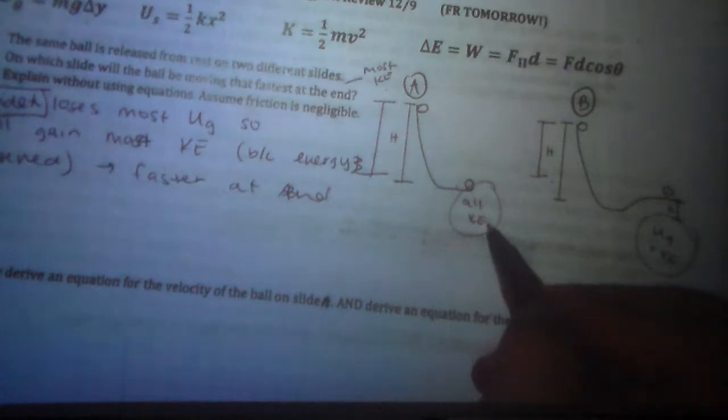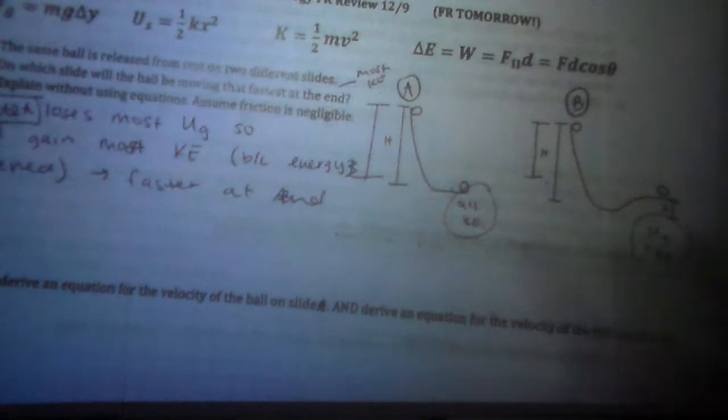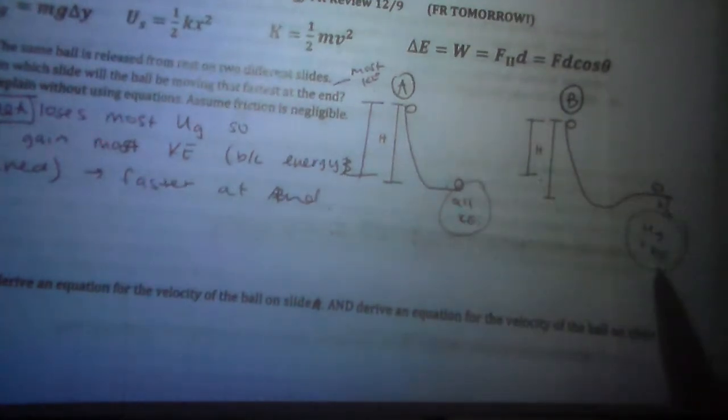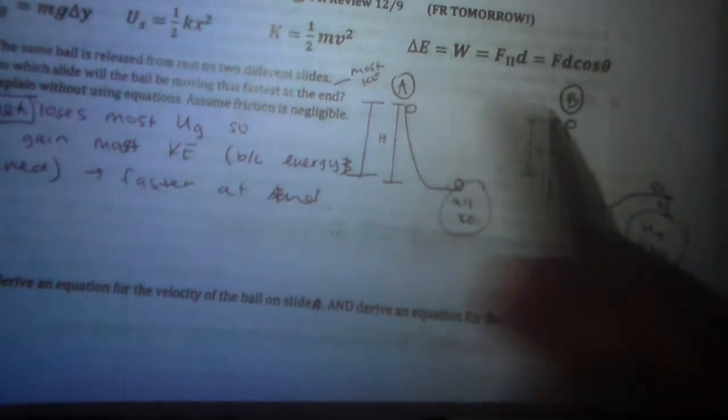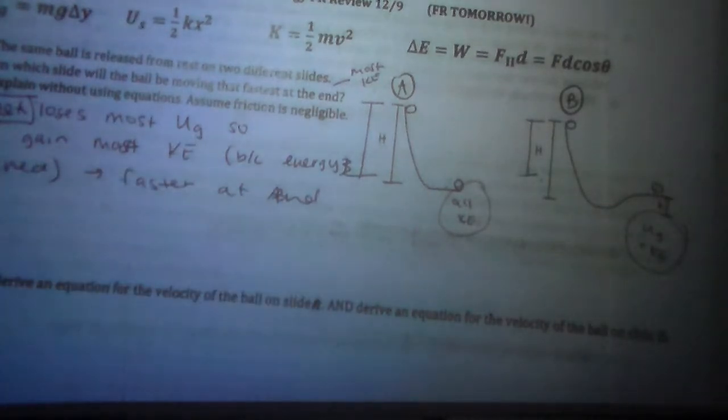A converts to all kinetic at the end, B is some kinetic and some potential at the end, meaning if they have the same total energy, this will have less kinetic overall. What will not work is if you just say A is all kinetic at the end, B is some potential and some kinetic, so it must be slower. That is not enough. You have to talk about how they have the same total, this is all kinetic, whereas this shares between it. It's easier to just do the change.